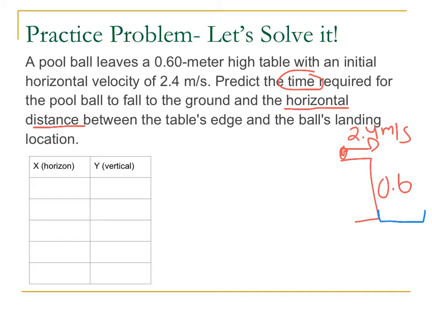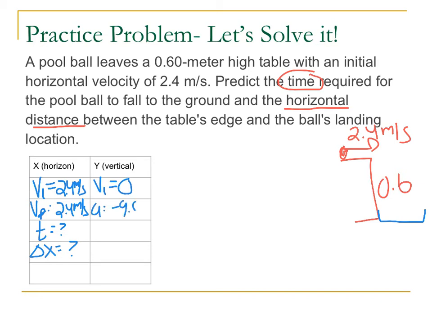So in the horizontal, my velocity initial and velocity final are always the same. And I know I'm looking for the time and delta x. In the y, I always start out knowing that my velocity initial is 0 because it's horizontally launched. My acceleration is negative 9.8 meters per second squared.